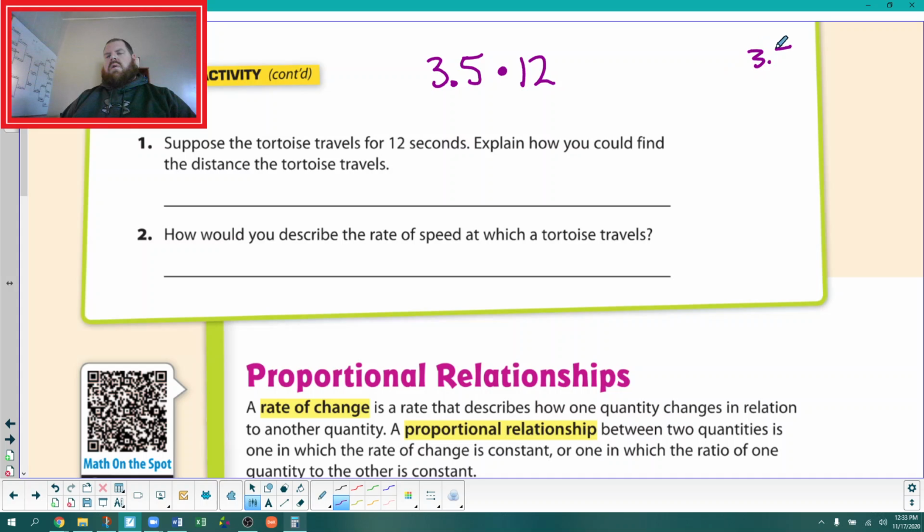So what if I just multiply that by 12? If I think about 3.5 times 12, 2 times 5 is 10. 2 times 3 is 6, plus 1 is 7. And I have 1 times, actually I need a 0 there. 1 times 5 is 5. And 1 times 3 is 3.